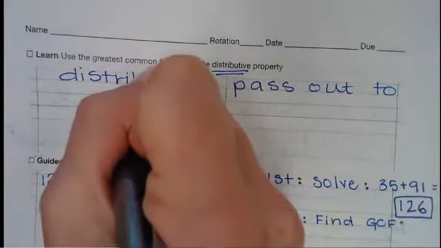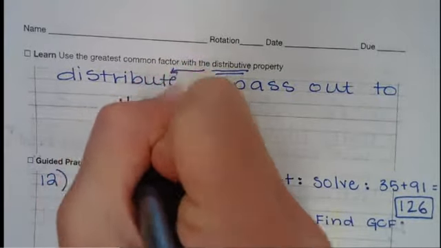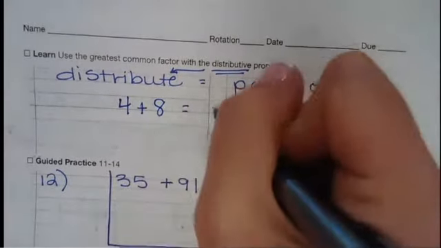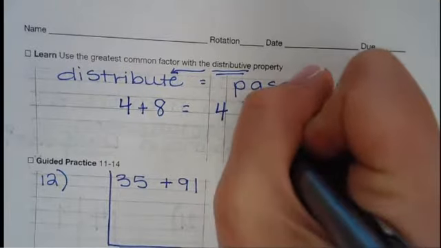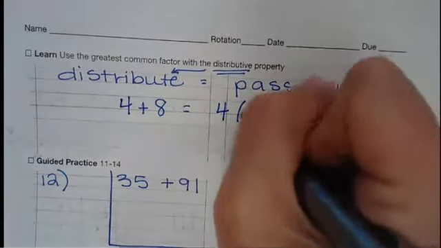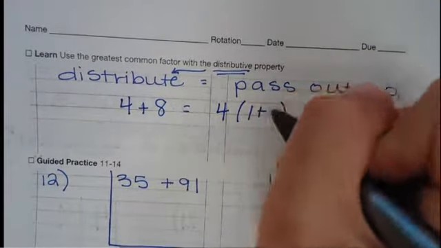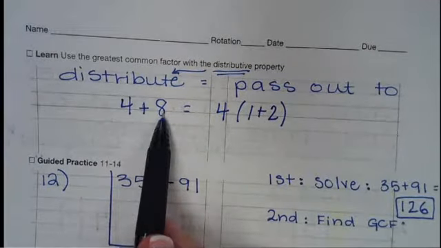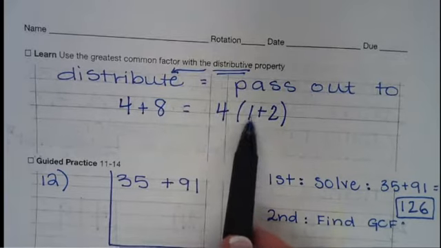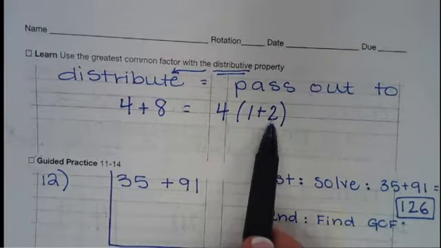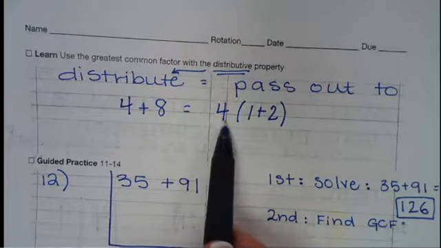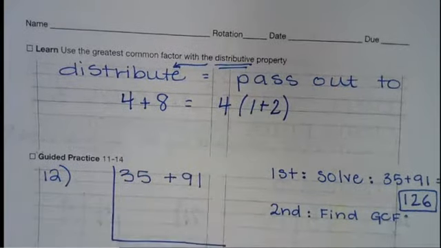So if I had something like 4 plus 8, I could make this equal to 4 times 1 plus 2. So 4 plus 8 is 12. And then following order of operations, 1 plus 2 is 3, times 4 is 12. So I'll show you how to do that.